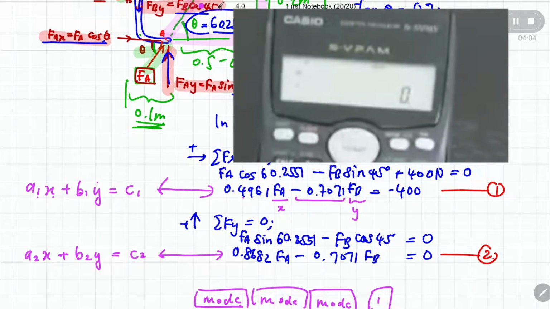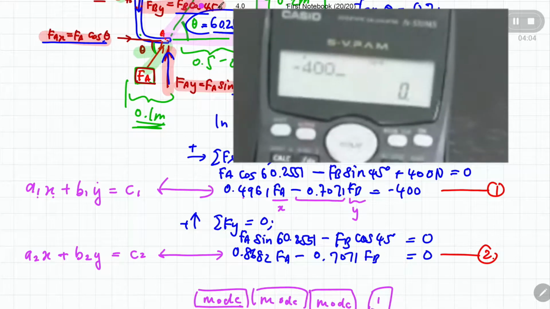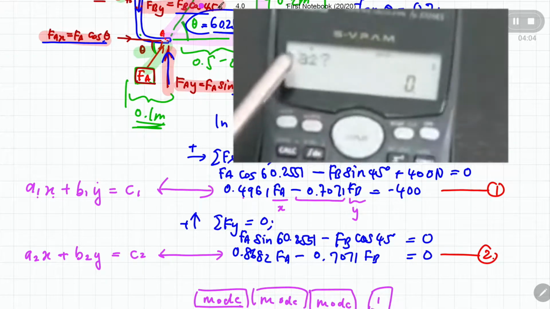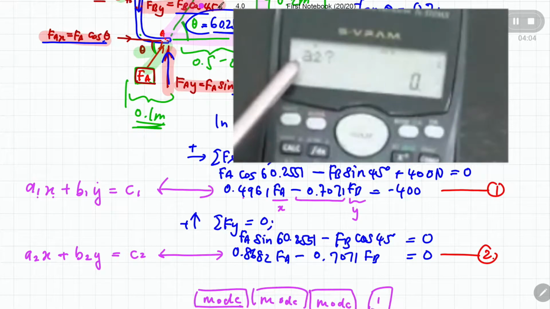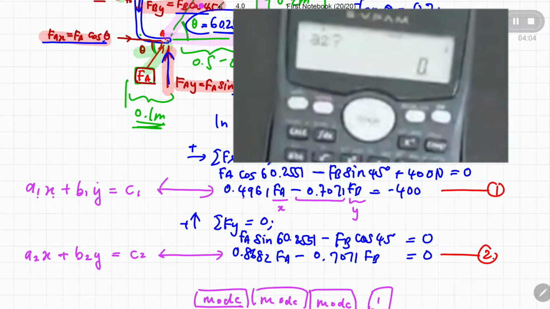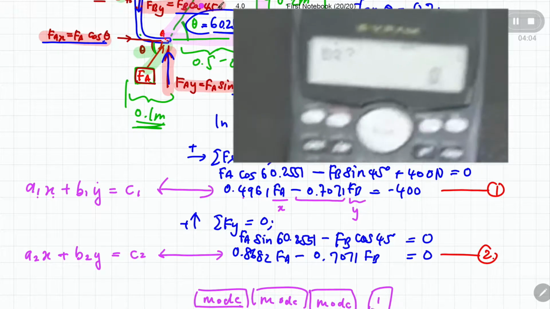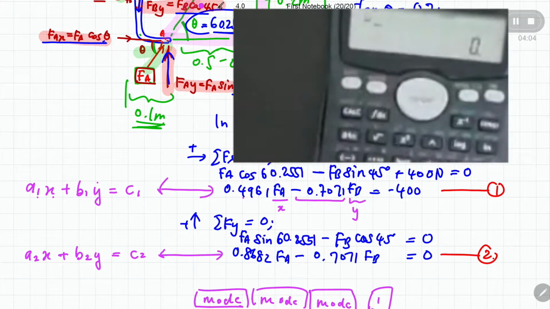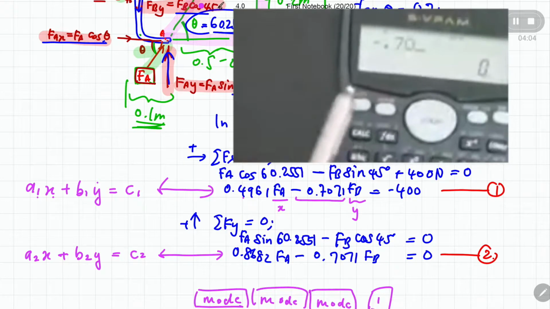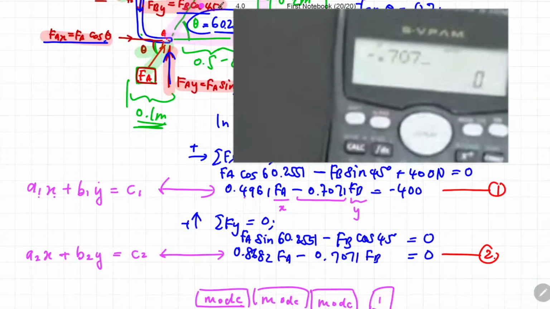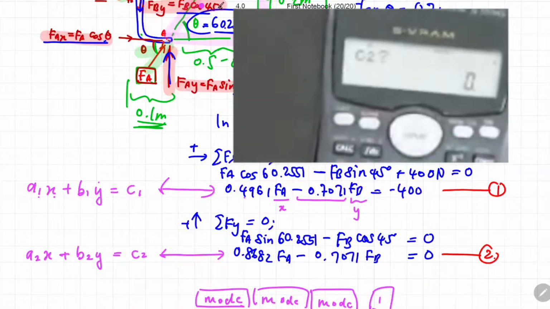C1 is negative 400. Okay, tekan lagi enter or sama dengan. So they will ask you the next equation. For A2, the value is 0.8682. Tekan enter, and then your B2 is negative 0.7071. Okay, and then the C2 is 0.